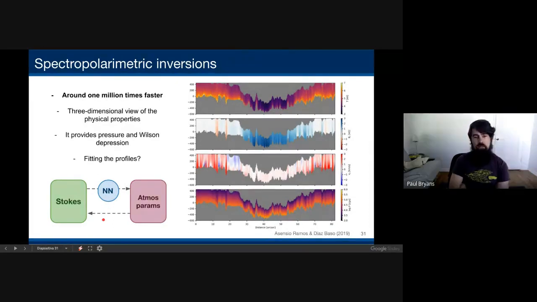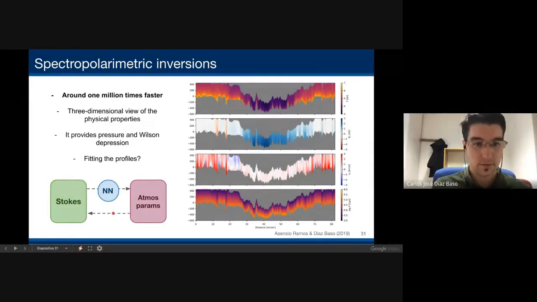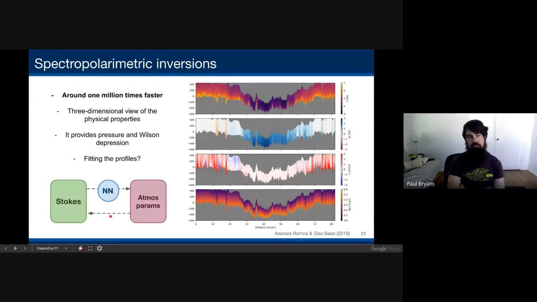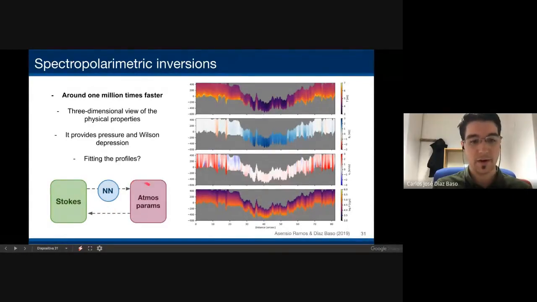Oh, I see. So the main difference is that when we are trying to match only the atmospheric parameters, maybe we are not very accurate. For example, let's say we are trying to reproduce the whole stratification of temperature, but our neural network is not working well at one specific height.